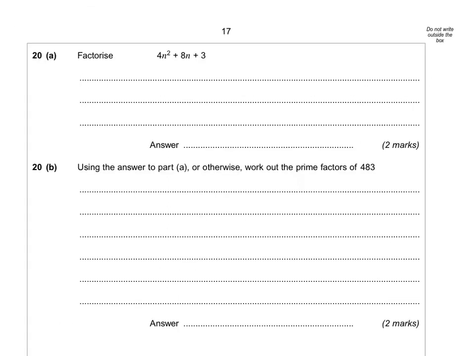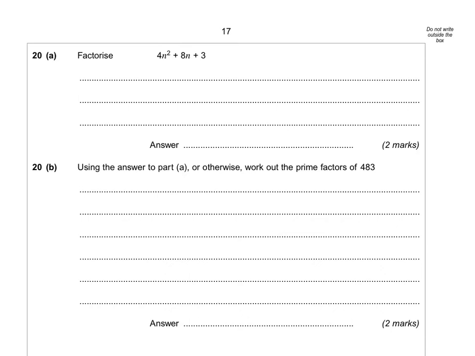Question 20, factorising, and it's a quadratic, and it's a quadratic because of the n squared. So 4n squared plus 8n plus 3. Some of you will get this by splitting the middle term, by taking the 8n and splitting it up into two parts, and those two parts you can get from doing the product and the sum.